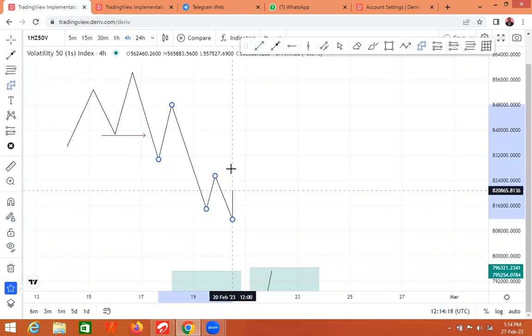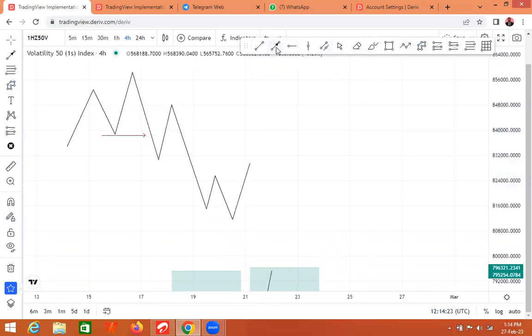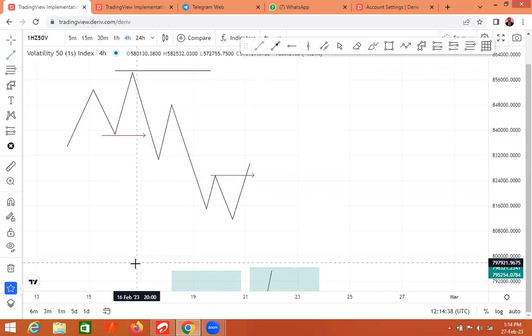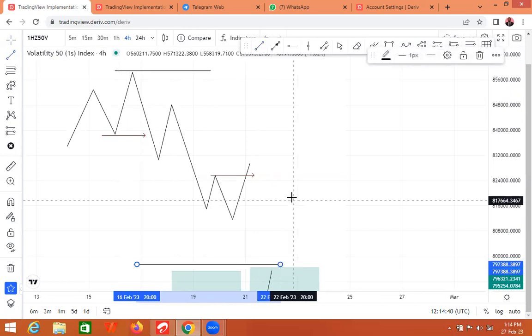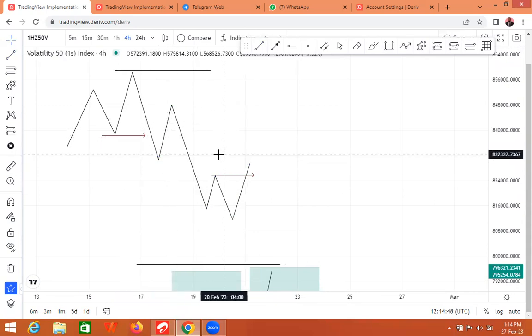Anytime you see this one, this is not yet a break of structure, because until the top range, let's say this is your top range, until the down range, since we are selling, is captured, this is not a break of structure. You get it now? So until that range is captured, it's not yet a break of structure.